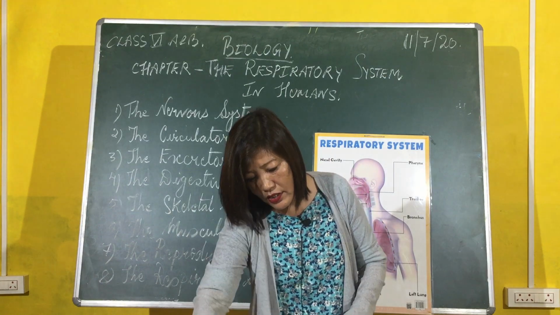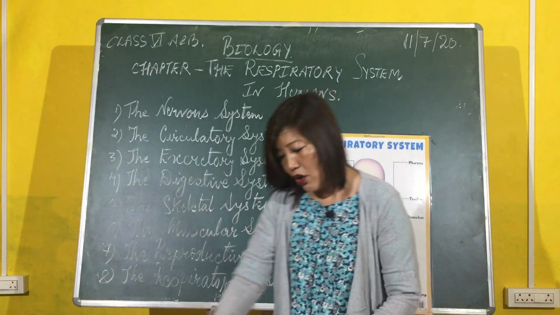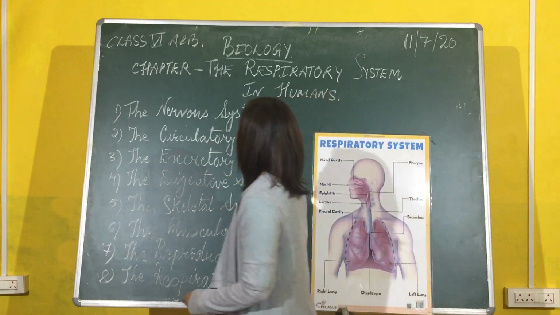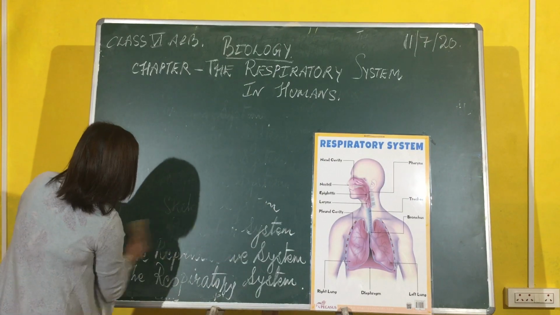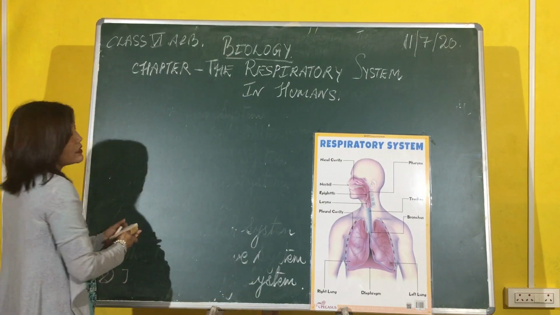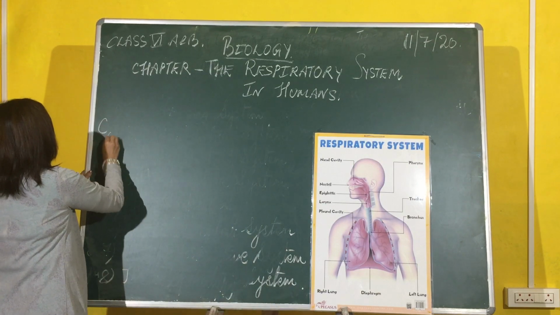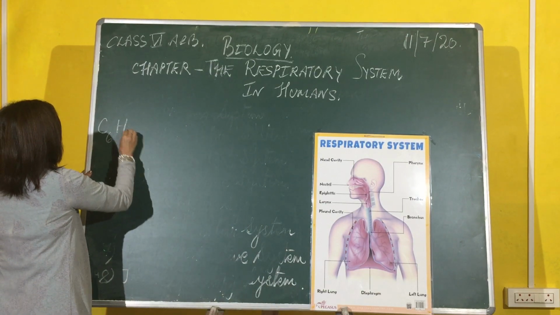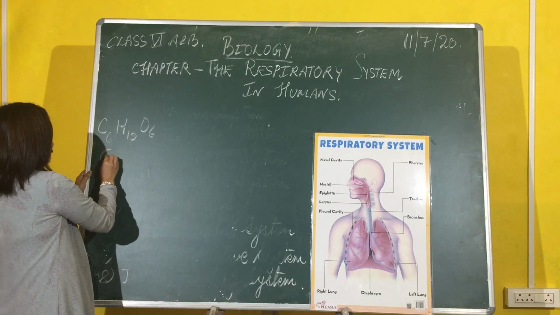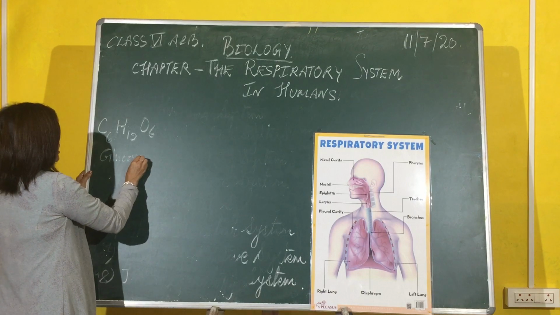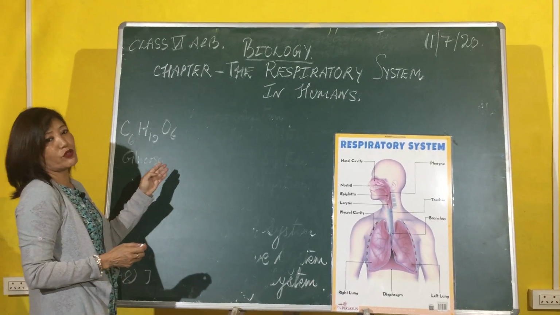If you see the equation of internal respiration or cellular respiration, you can see the equation out here: C6H12O6. This is the formula of glucose. Glucose is the absorbed food, the food which is absorbed by the body.